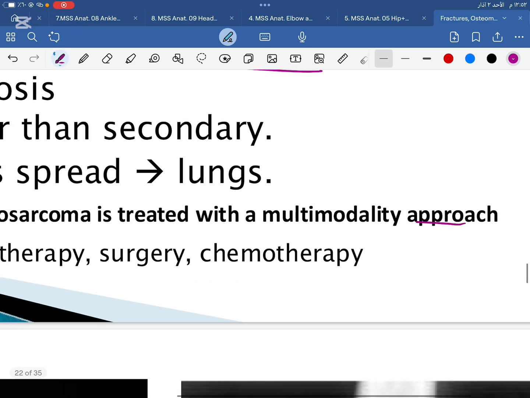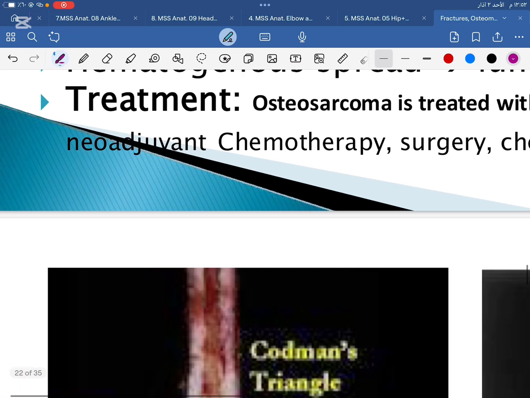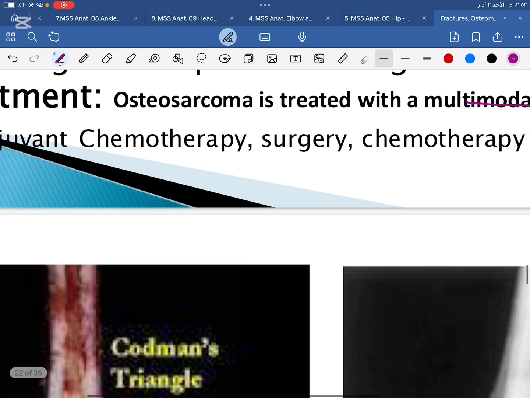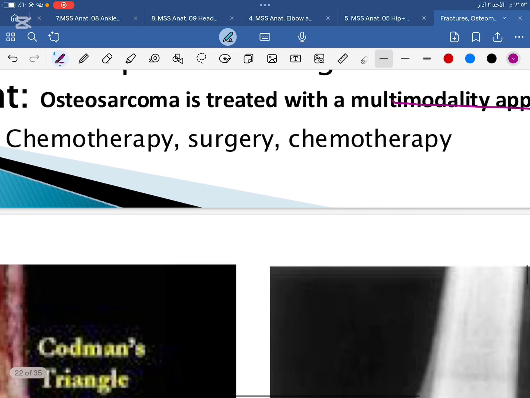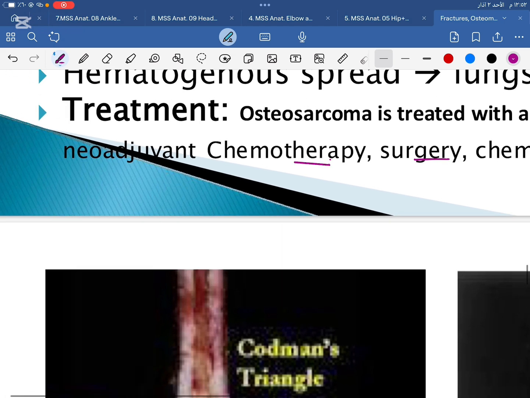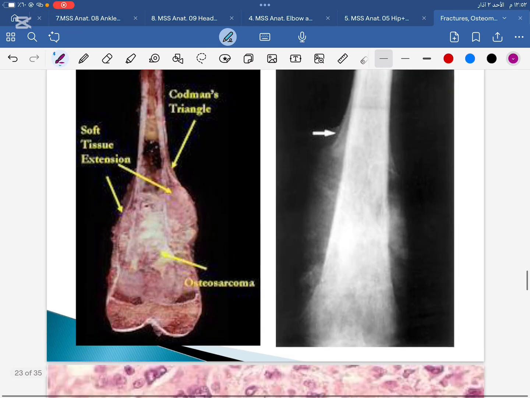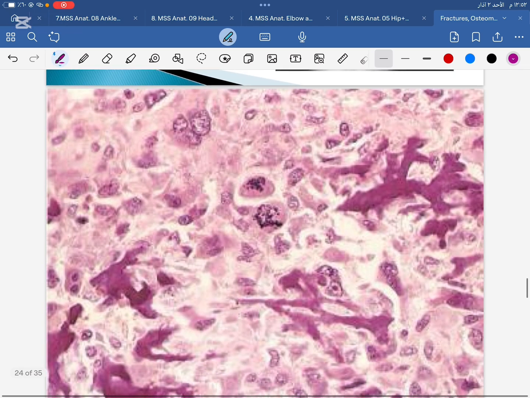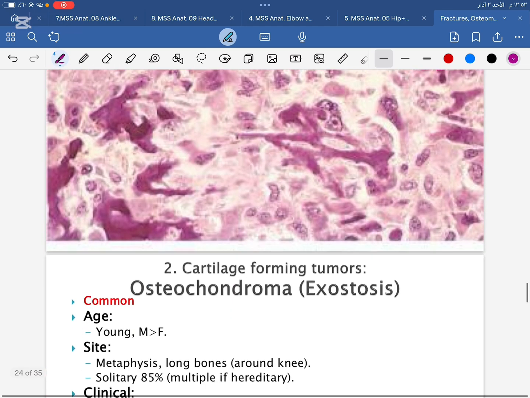They start with neoadjuvant chemotherapy, check for necrosis in the tumor, then surgery, excision, followed by further sessions of chemotherapy. Here in the picture you can see pleomorphic osteoblasts with deposition of osteoid. Okay, this is the osteoid.